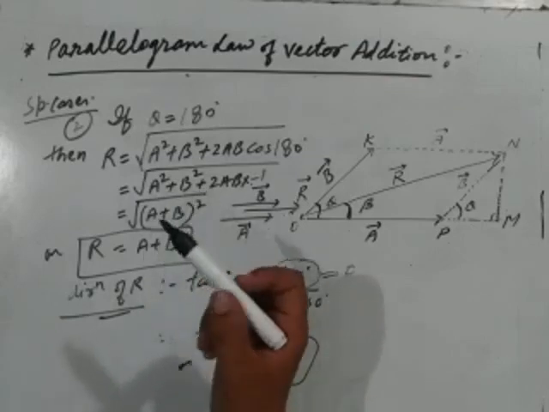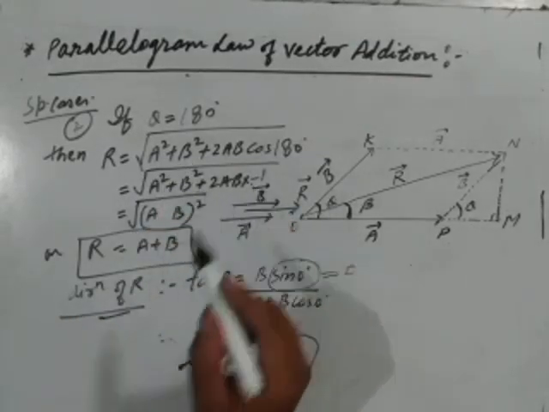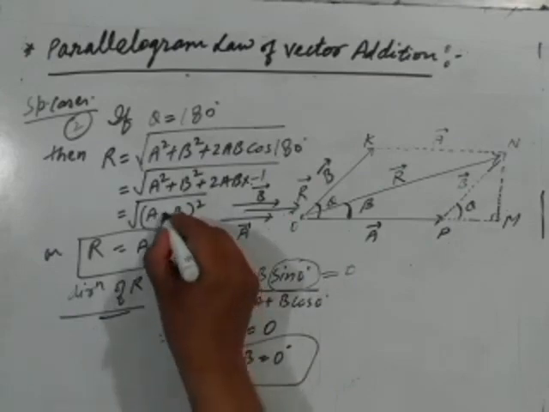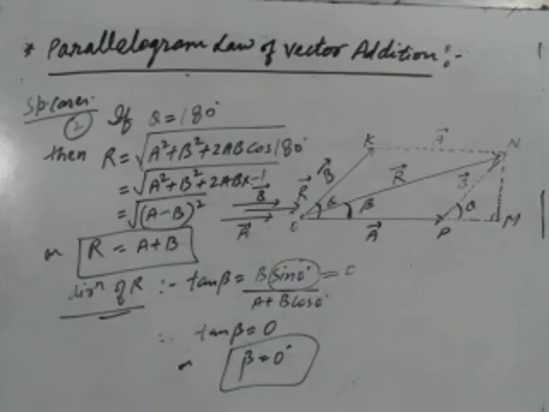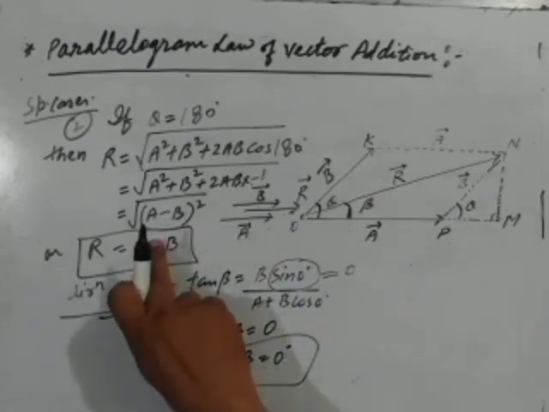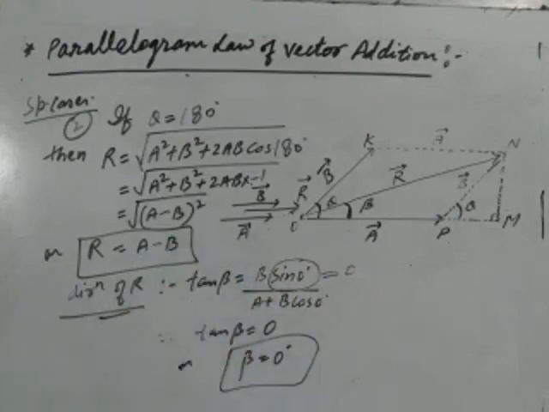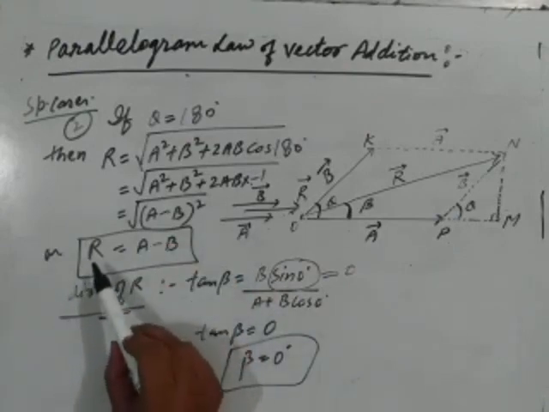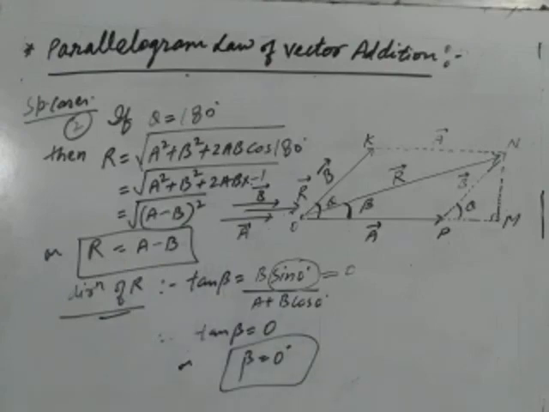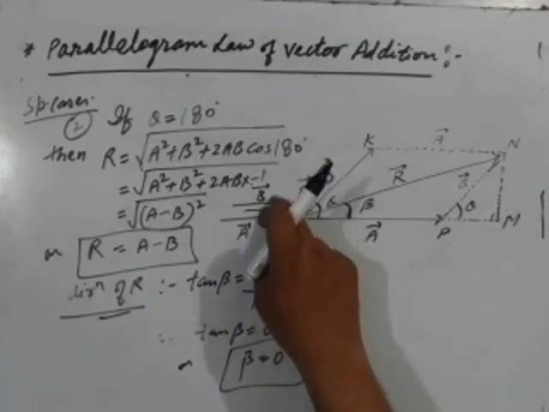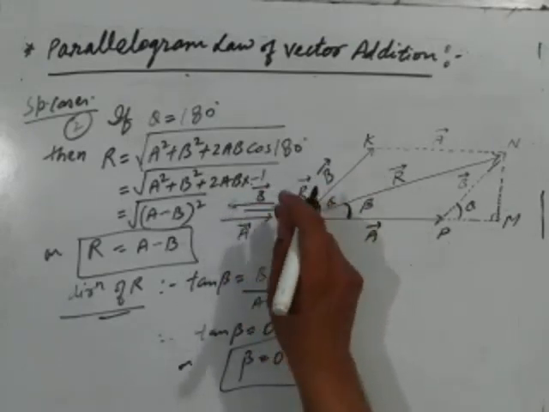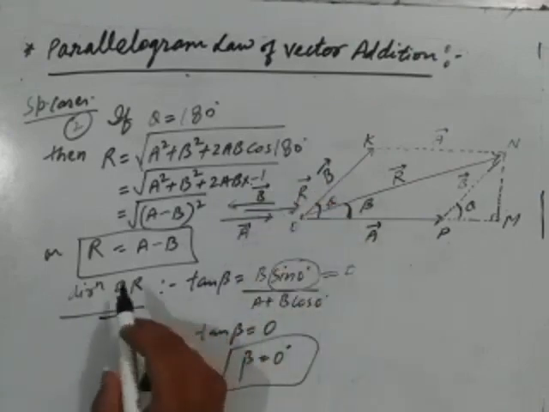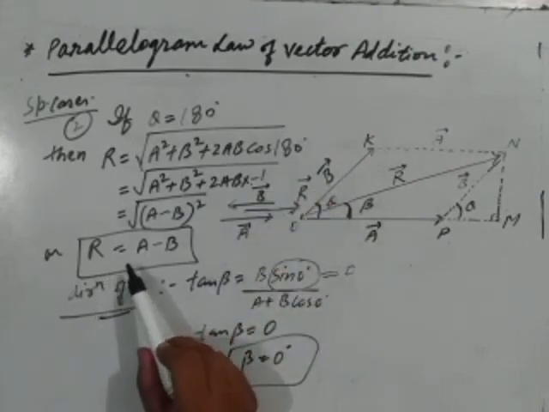So this becomes a square plus b square minus 2ab, and this becomes a minus b whole square, or this under root will disappear. So r becomes r equal to a minus b. So if the two vectors are acting opposite to each other, their resultant is represented by r equal to a minus b.